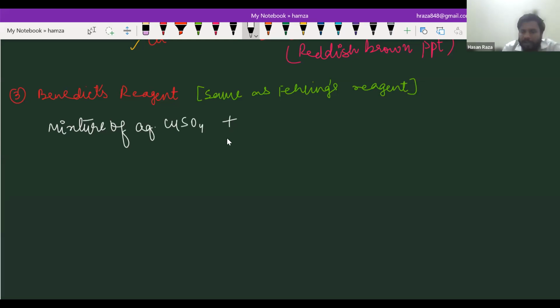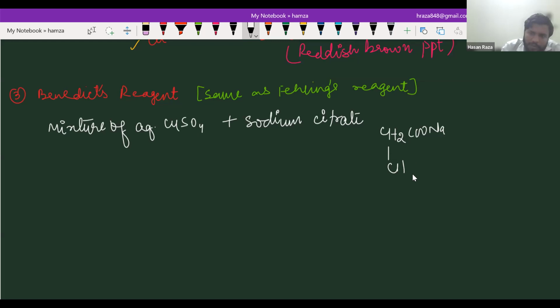There is another container in which you mix sodium citrate. It has the chemical formula CH2COONa, then CHOH, and then CH2COONa.